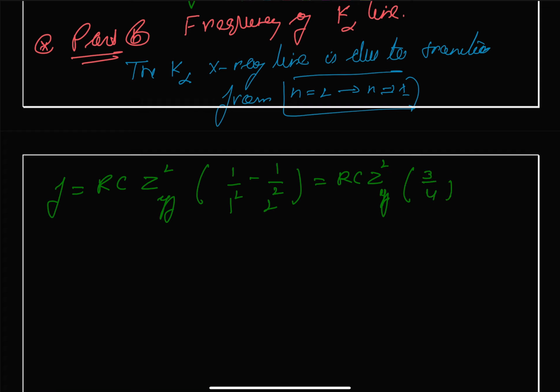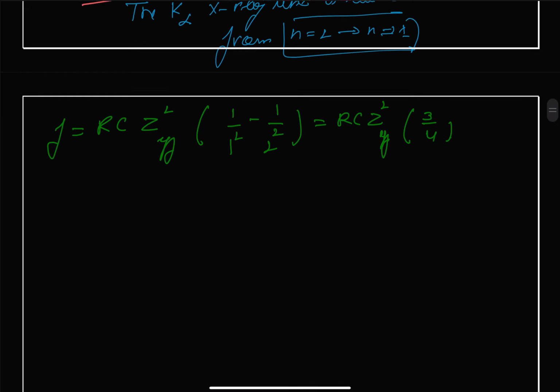And we know that for K alpha line, the inner electron is screened by 1 electron. So from here we can find out our Z effective.